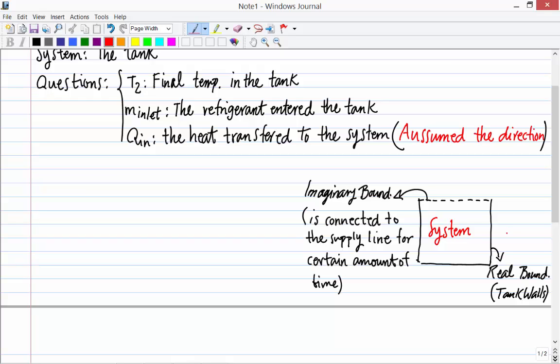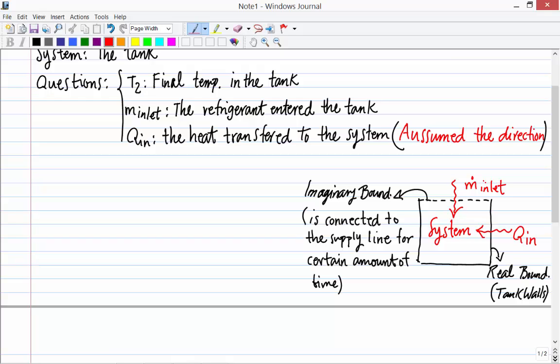And also I assumed here that Q goes in. So I have the Q in transferring to the system through the real boundaries. And since I have an actual inlet where mass can transfer into our system, I would have m dot inlet.